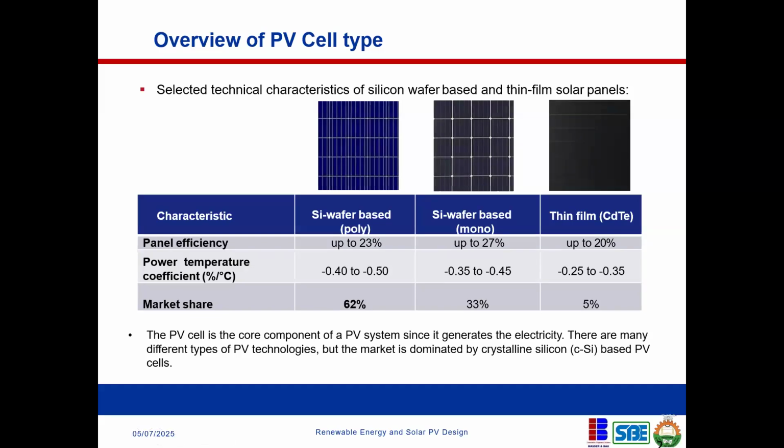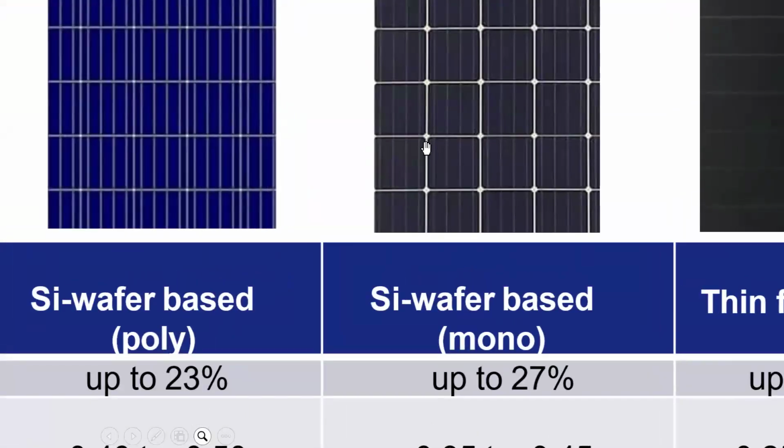And how you will identify the monocrystalline is, I don't know if I can zoom this. Is this zoomed from your end as well? Yes, sir. Okay. I just want to know if it's also across or just on my screen. So you can see that at the edge of the square, it's kind of cut.